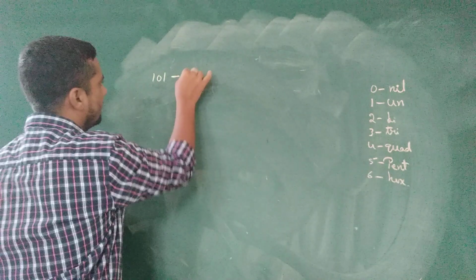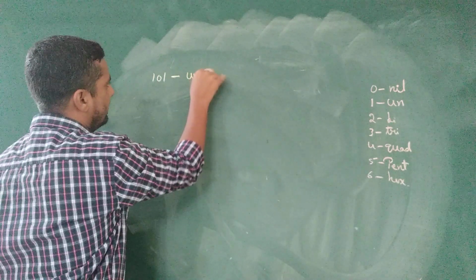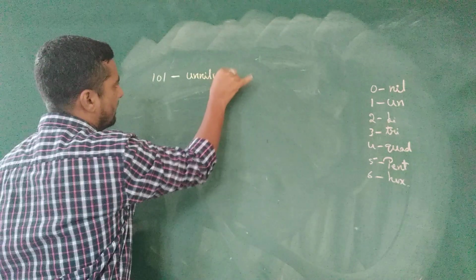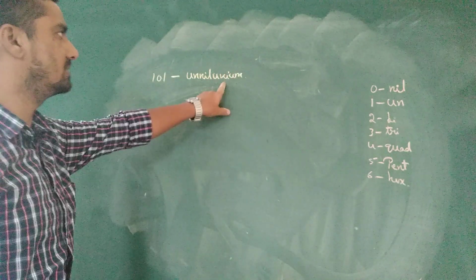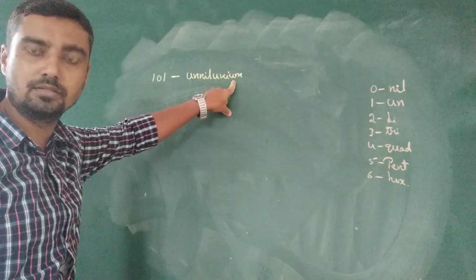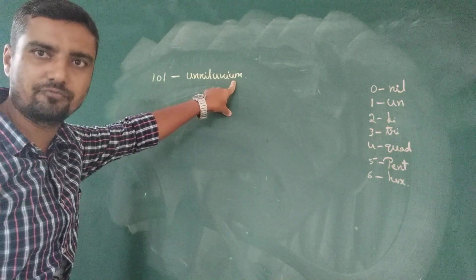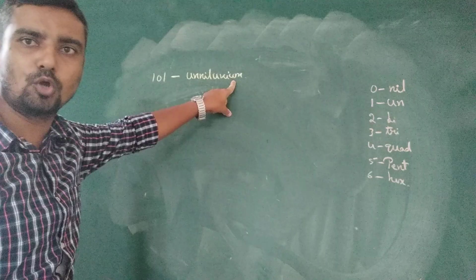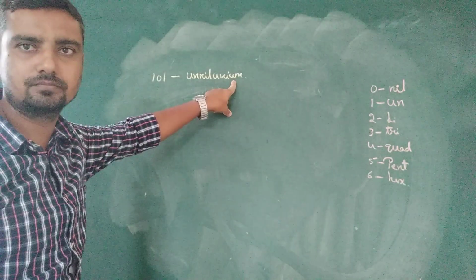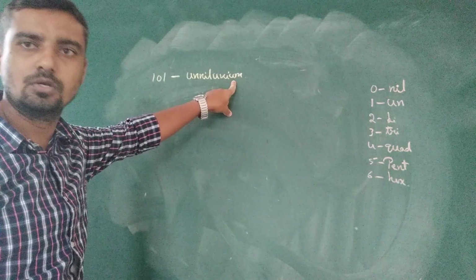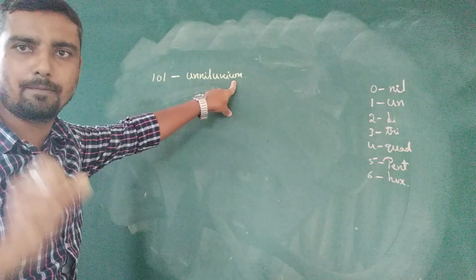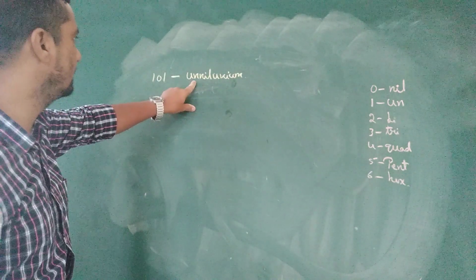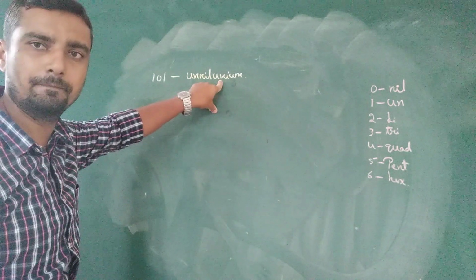So the name is unnilunium. The suffix, meaning the end, should always be ium for all the elements. So the suffix you should write is ium.